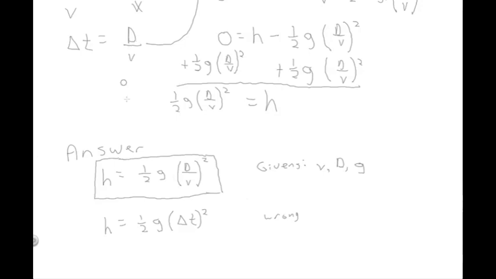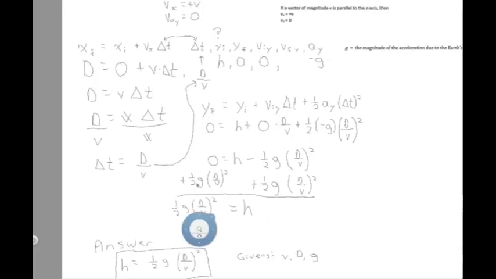So in a sense, this is right, but the grader would mark it as wrong because it's using a symbol that was not given. We're not allowed to use delta t in our answer because that was not one of the given symbols. So even though this is on the right track, it's not a correct final answer.